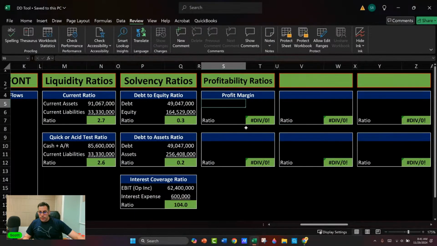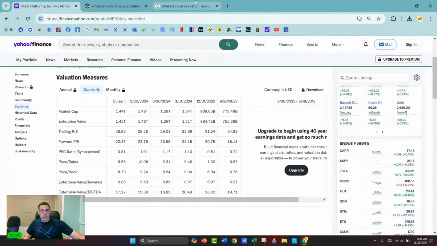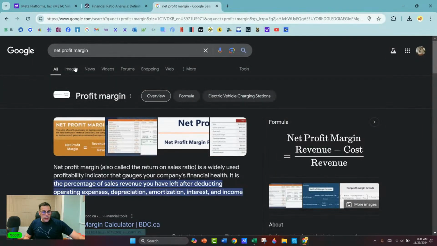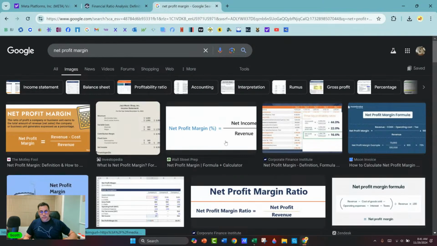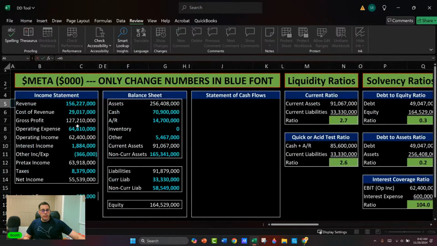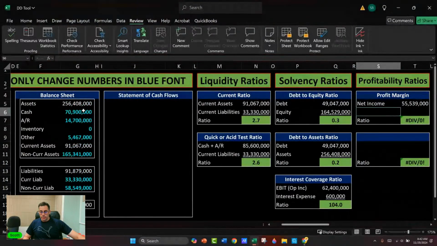So profit margin. Let me know in the comments what these calculations are in case I forget. Net income, and once you plug in the blue, everything else should calculate for any company.